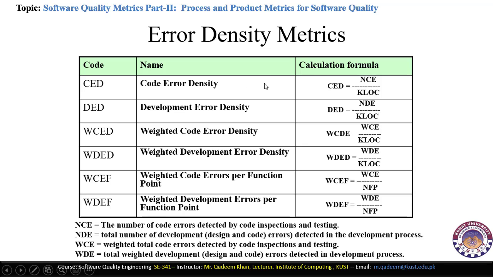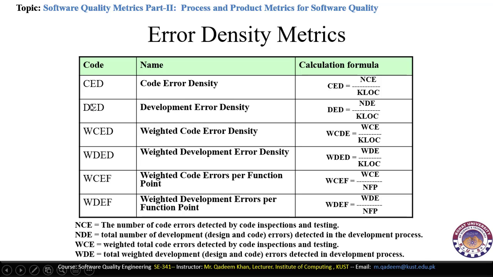The code error density can be computed as CED equals NCE divided by KLOC, where NCE is the number of errors detected by code inspection and test. So the total number of errors detected by the inspection is divided by 1,000 lines of code. So this is the CED metric.